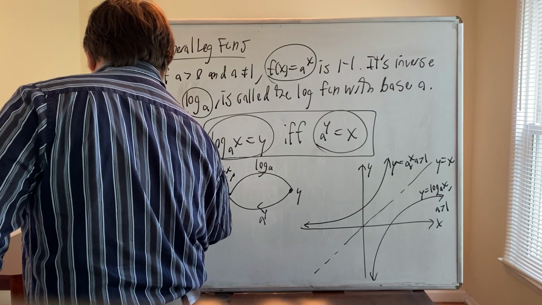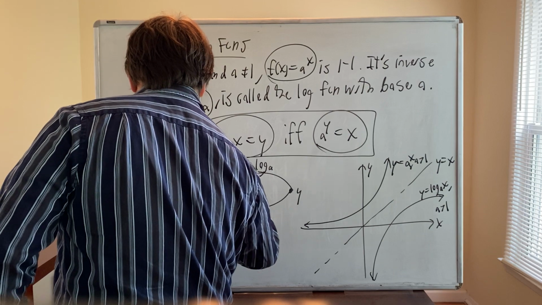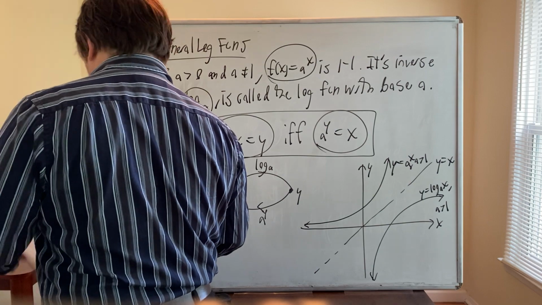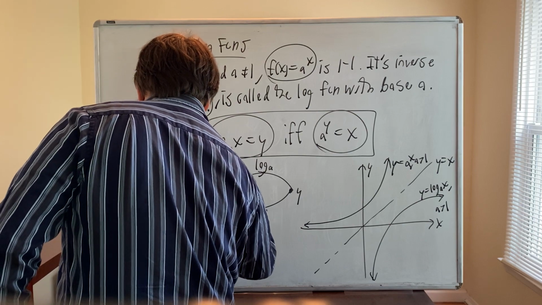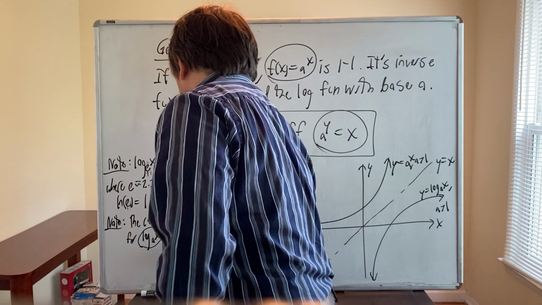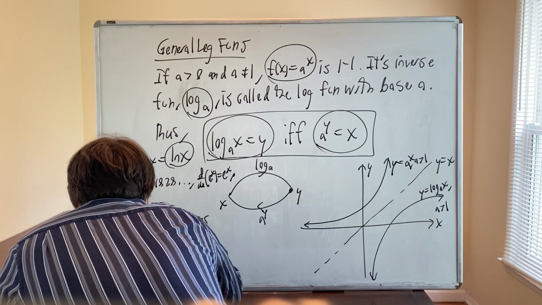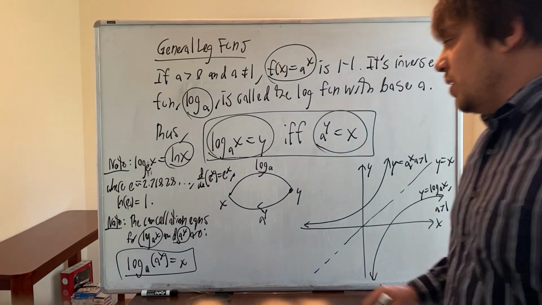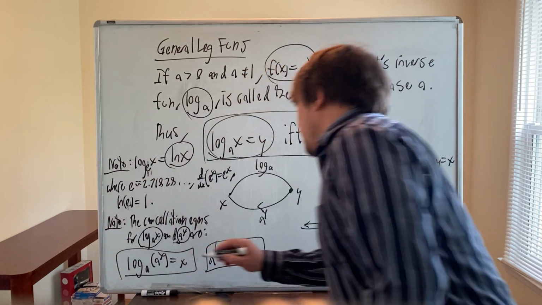Also, as another note, the cancellation equations for log base a of x and a to the x. Those cancellation equations are: log base a of a to the x is equal to x, and a raised to the log base a of x equals x.